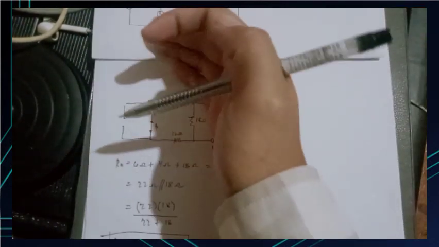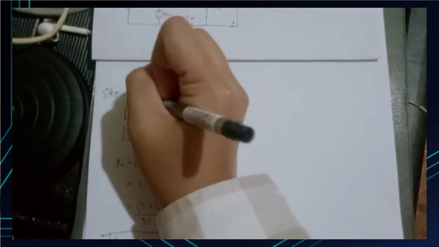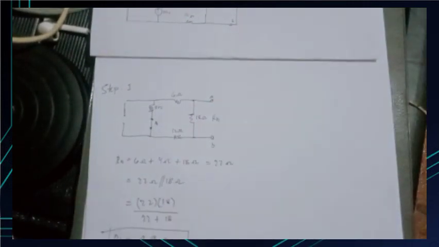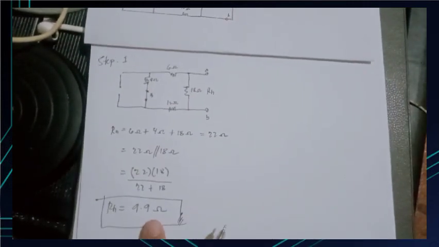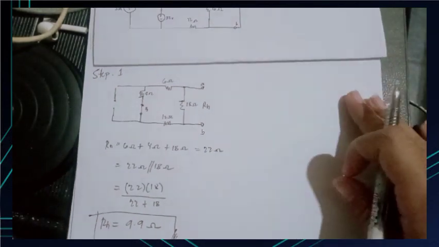So, ito na ngayon ang ating RN na magagamit natin mamaya. So, ito yung step 1. Step 1. Get the RN. Nakuha na natin ang RN natin. So, punta naman tayo sa step 2.